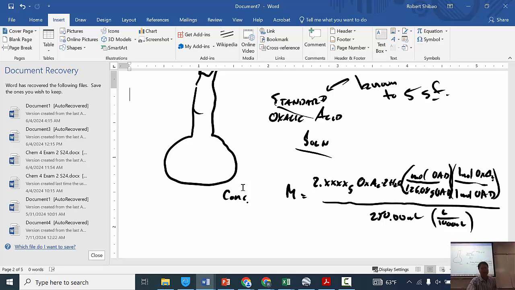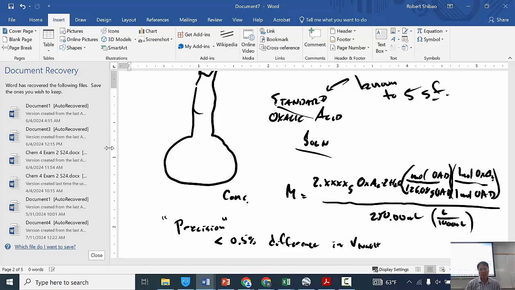How much precision do we need? Below what percentage? 0.5? The precision should be less than 0.5% difference. This is in volume of sodium hydroxide.